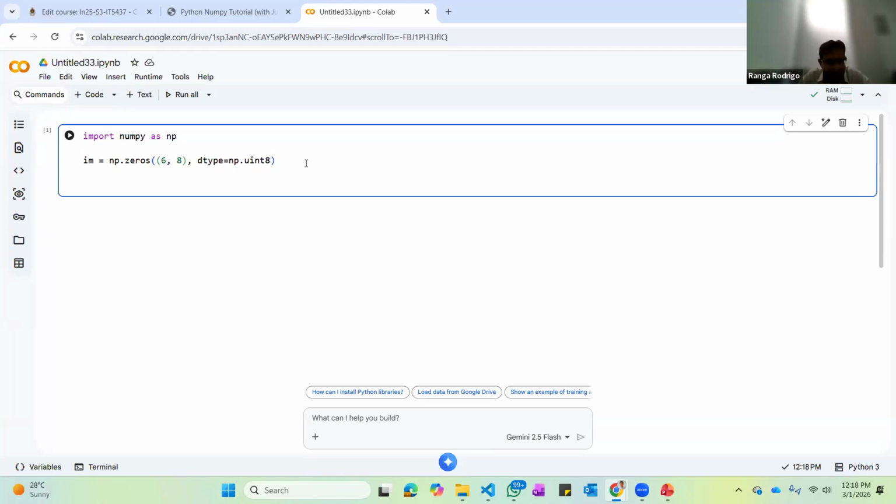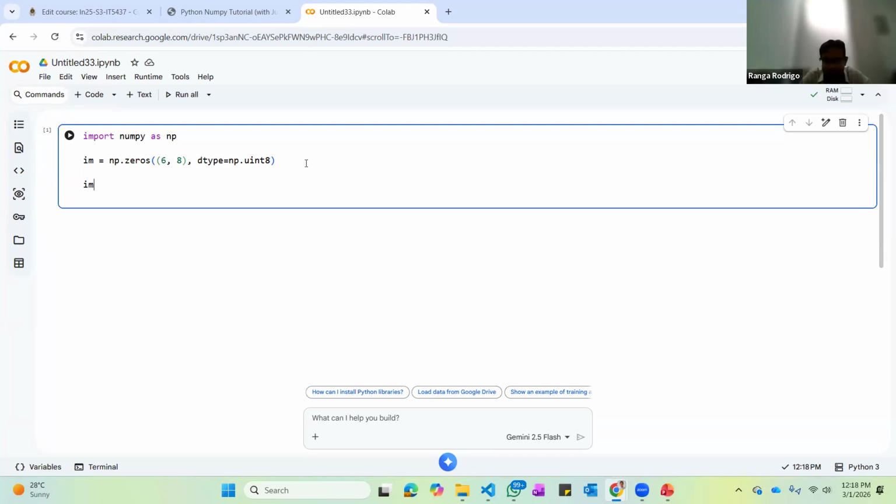Now in this image I'm going to set the pixel 2, 3 as the brightest. The brightest is 255. Remember, in unsigned integers of 8 bits, you have 8 bits.